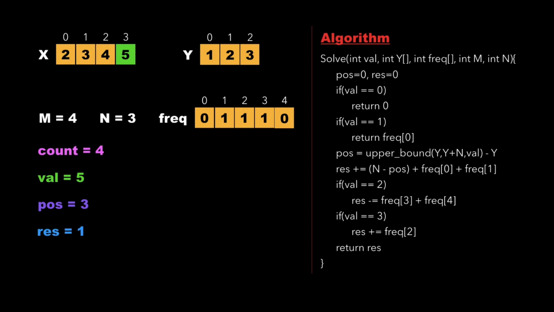So again we get the value of result as 1, and since val is neither 2 nor 3, we directly return the result value, and it gets added to count. So finally we get the value of count as 5, which means that we have 5 pairs in these arrays such that x power y is greater than y power x.